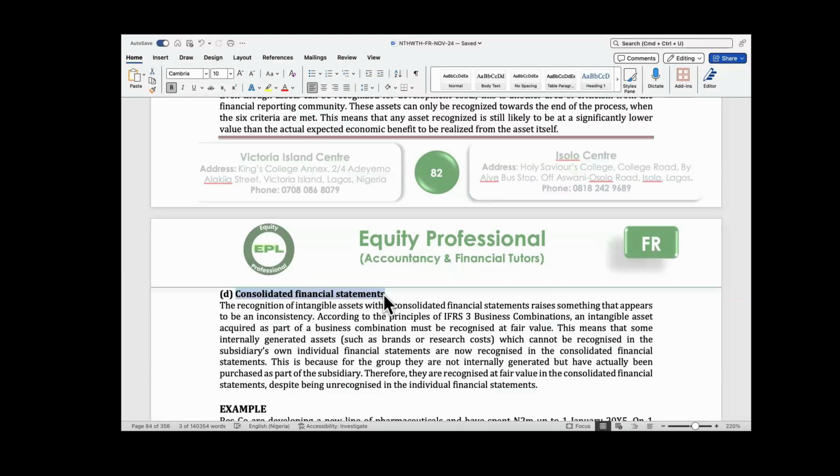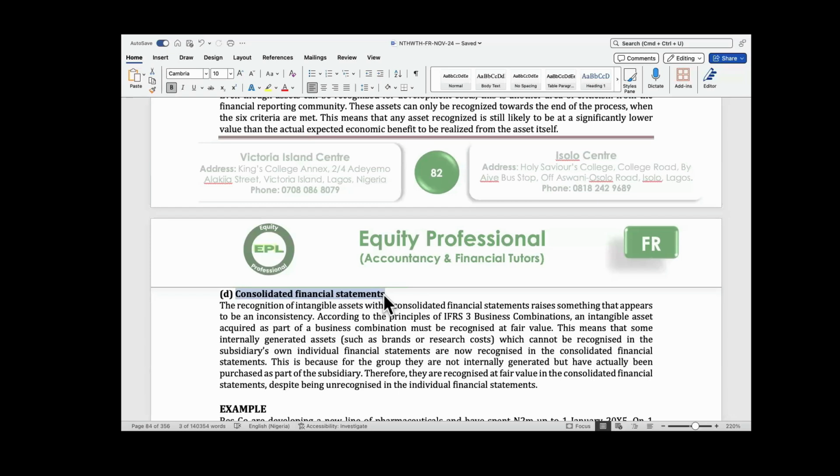Most of these internally generated assets or research and development costs that we said not to capitalize will be recognized and measured in the consolidated statement of financial position.